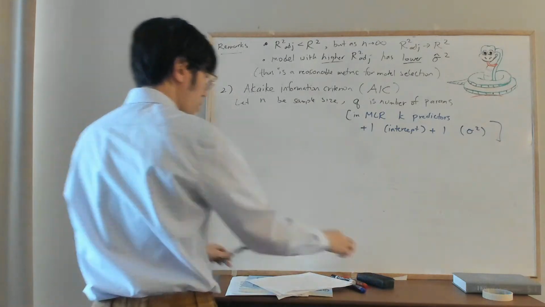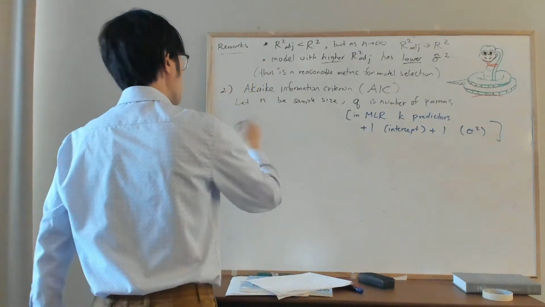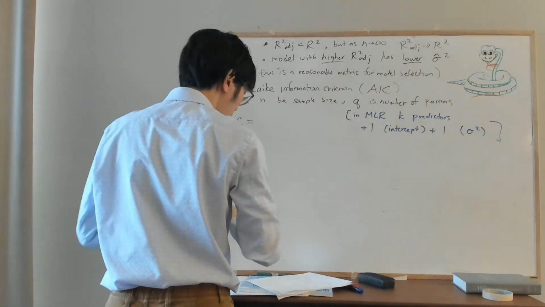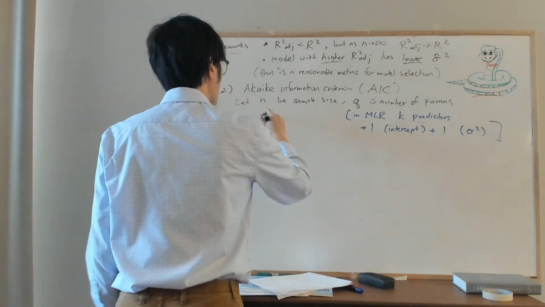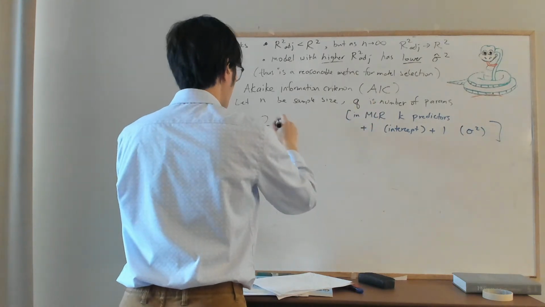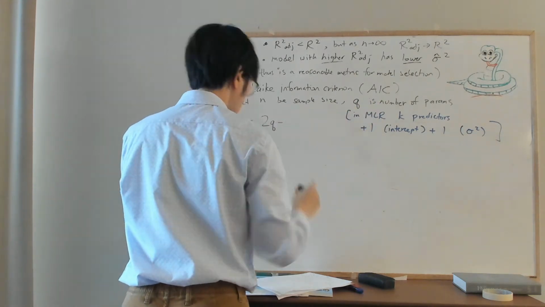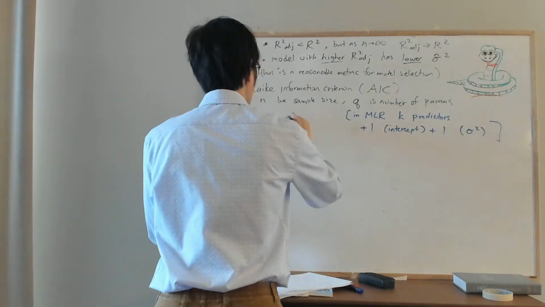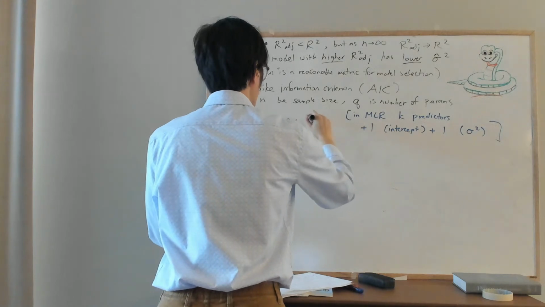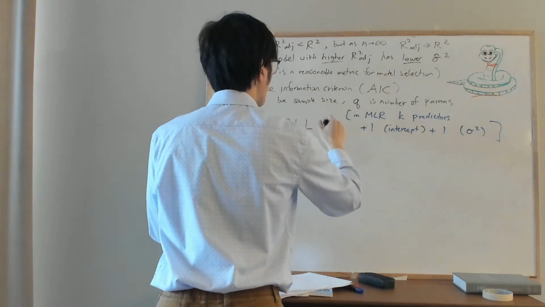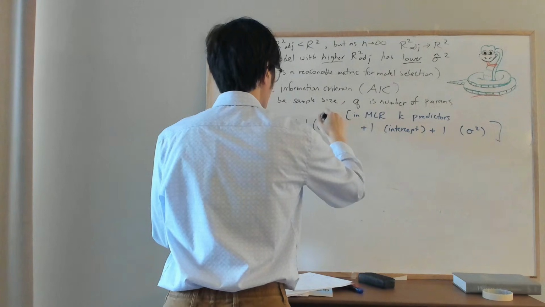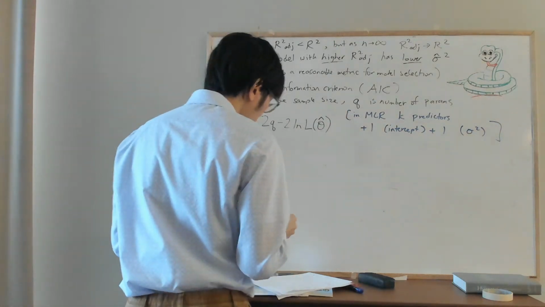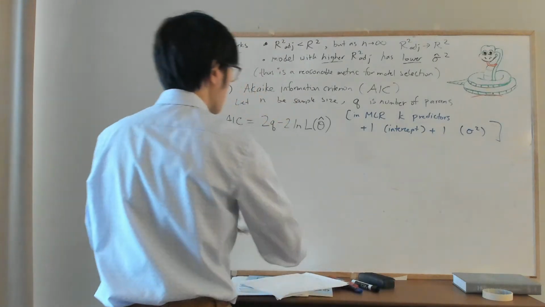And so in general, the AIC for the model is defined as 2 times the number of parameters, so 2q, minus 2 times the natural log of the likelihood function evaluated at theta hat. Let me fill in what this means.